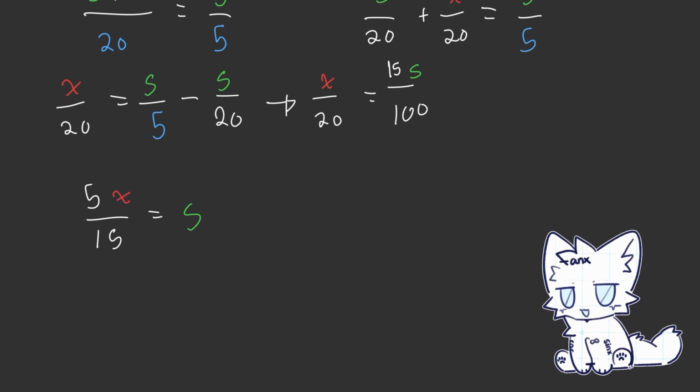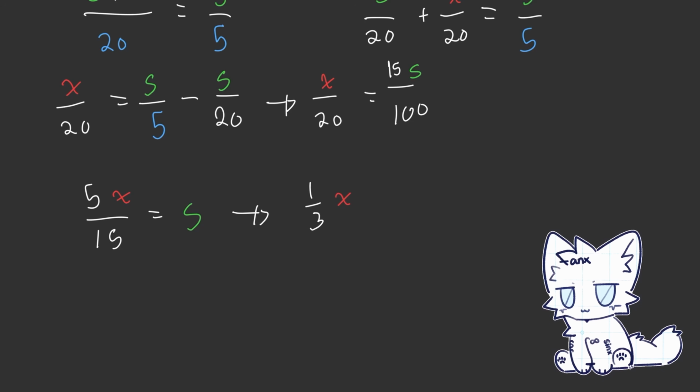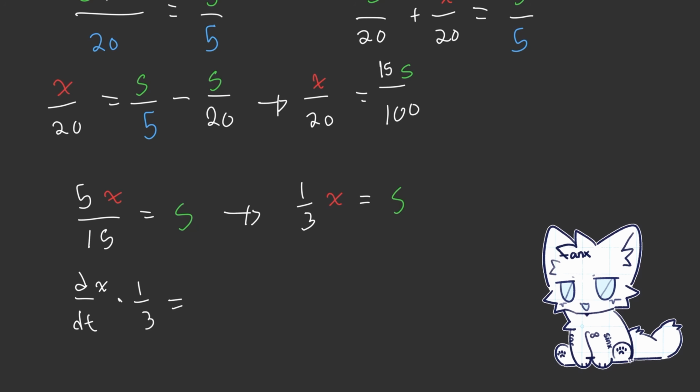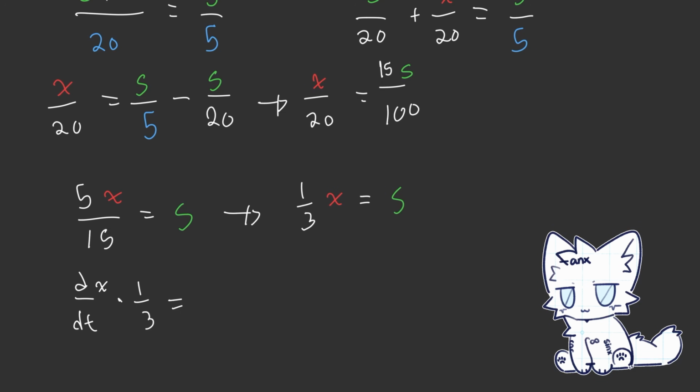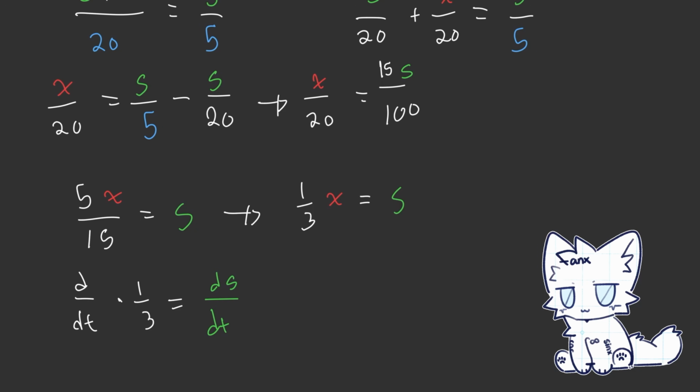So that is roughly 1/3 of x is equal to the length of the shadow. Now we can finally take the time derivative. The change in x with respect to time times 1/3 is equal to the derivative of the length of the shadow with respect to time. I should make this red.